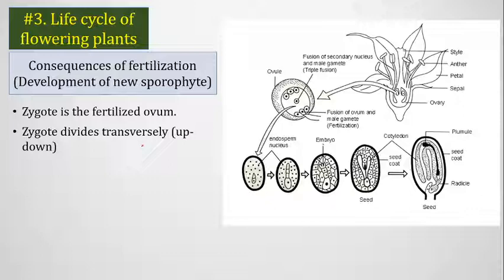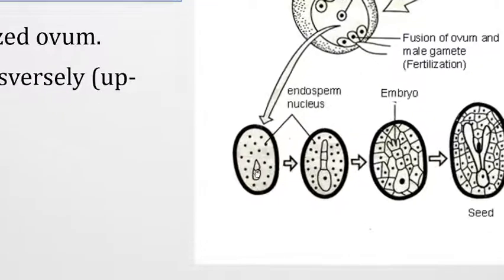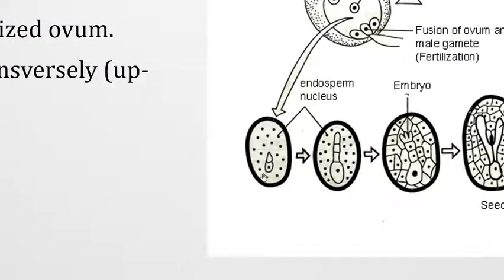The zygote, which contains only a single diploid cell, divides transversely by mitosis, up and down, to produce a multicellular state.